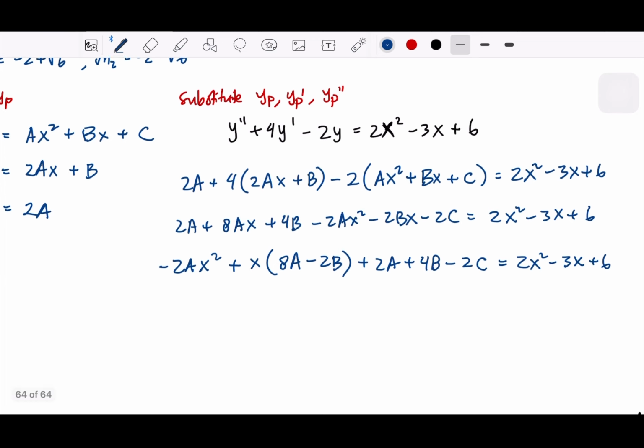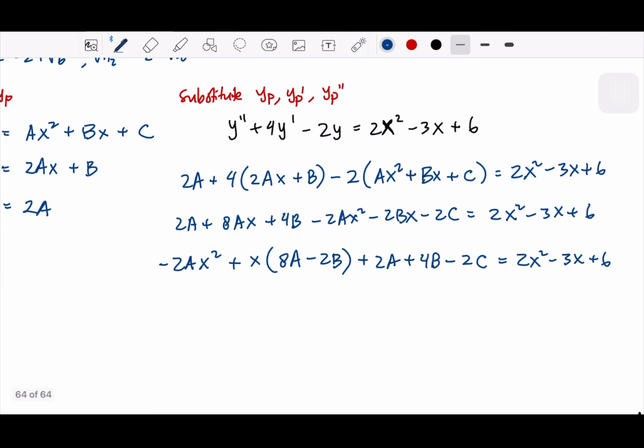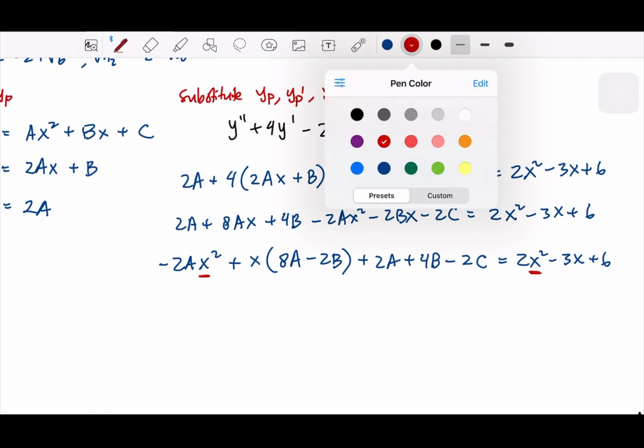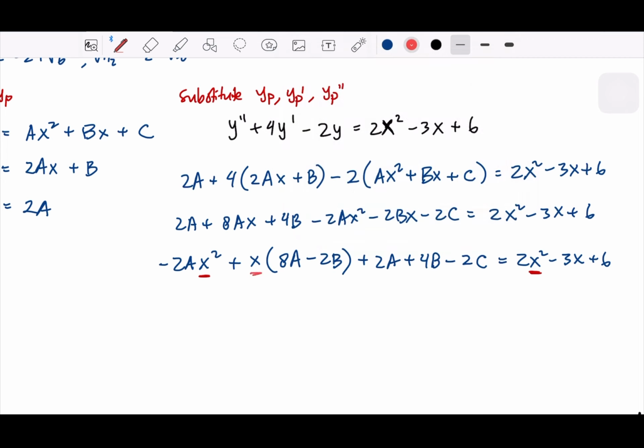And then we can equate each variable. So the x squared is here, right? And then maybe take a different color. The x is here. And then the constant is here.